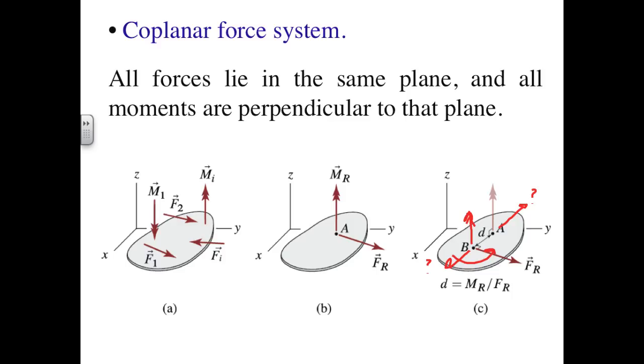If we do this in figure C, we see that in fact we need to shift the resultant force into the foreground so that its moment about A has the same sense as the resultant moment calculated in figure B. Note also in figure C that we are effectively using the scalar approach to find the magnitude of the shift, d, equals the ratio of the moment magnitude to the resultant force magnitude. Our final answer is that the single resultant force applied at point B is equivalent to the set of loads shown initially in figure A.